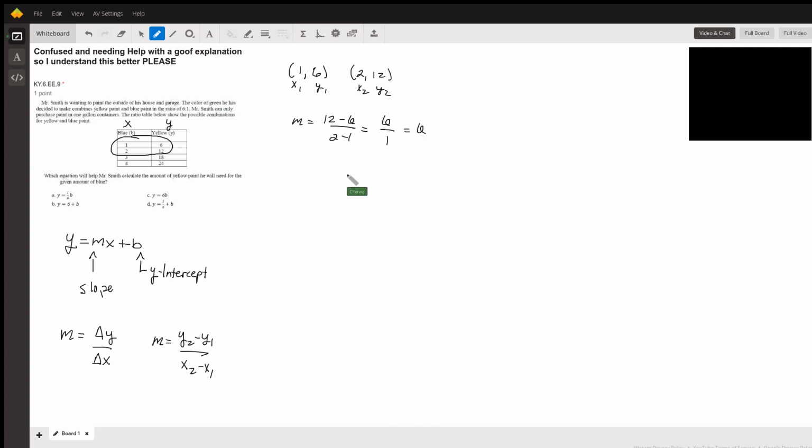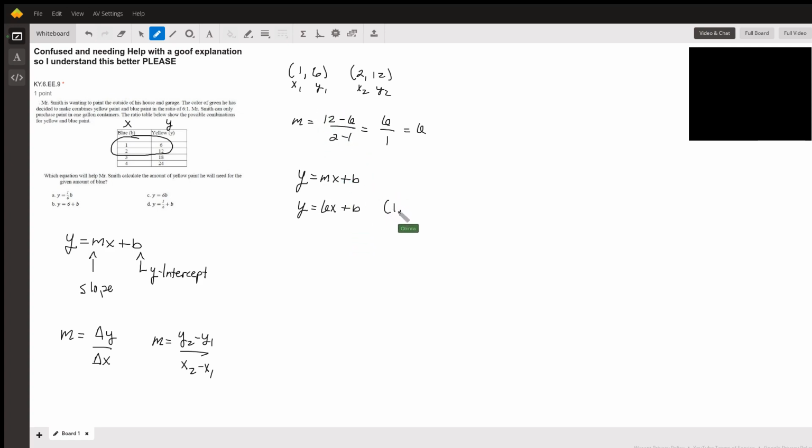Okay, now I want to find my y-intercept. I need 2 facts in order to write my equation. I need the m and I need the b. I know the m. I now need to find the b. So let's first start by writing that general equation down, y equals mx plus b. And now I'm going to put in that 6 that I just found. So 6x plus b. I'm missing the b, which I don't know. So I'm going to use any one of those points.